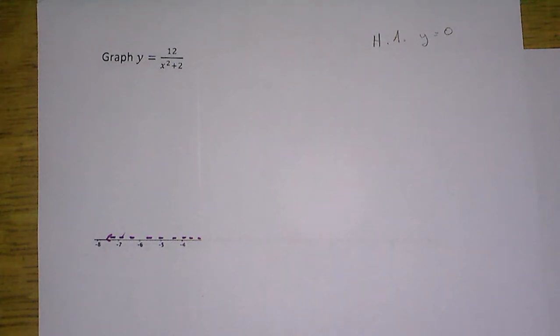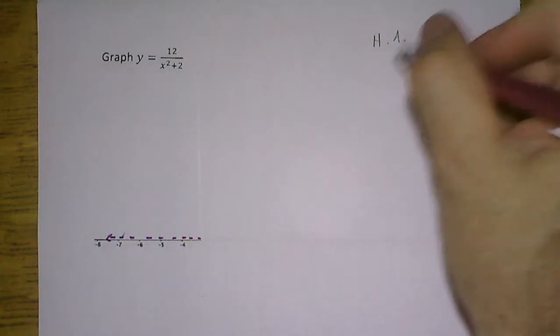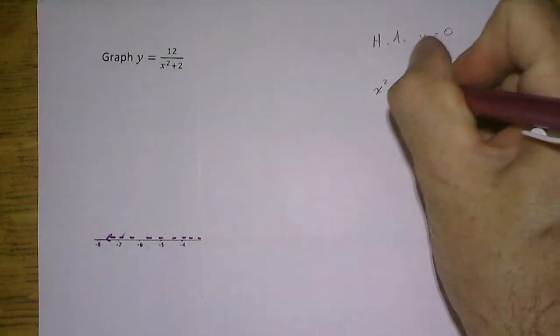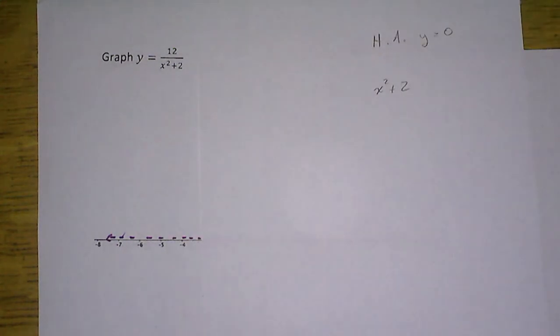Now, my vertical asymptote, here, there will not be any. Normally we look for our non-permissible values. So here, I am going to go over the more formal definition. I know that I have a vertical asymptote whenever my denominator is equal to 0. So when is x squared plus 2 equal to 0?